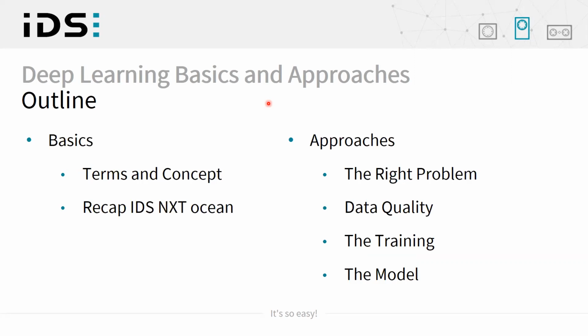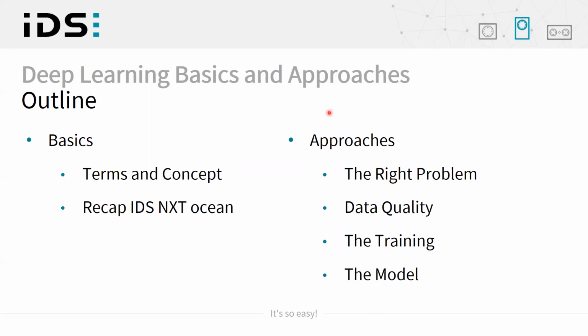I will be introducing you to the deep learning terminology, a bit of background concepts which I always found useful. And for those who didn't attend the last seminars, I'd also like to show you a short recap of how we use the IDS NXT Ocean tools.